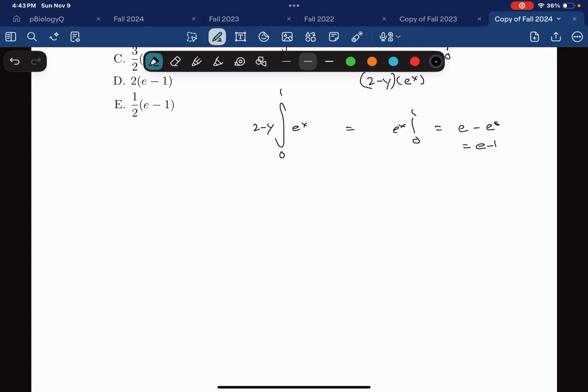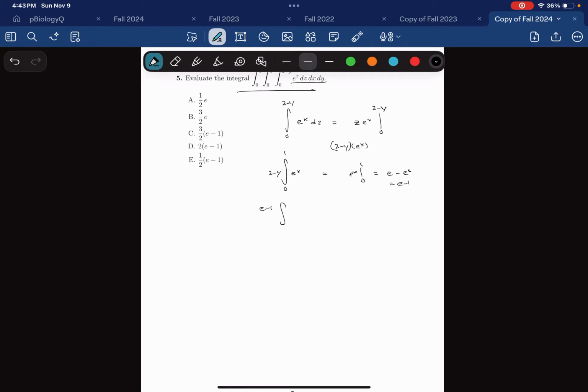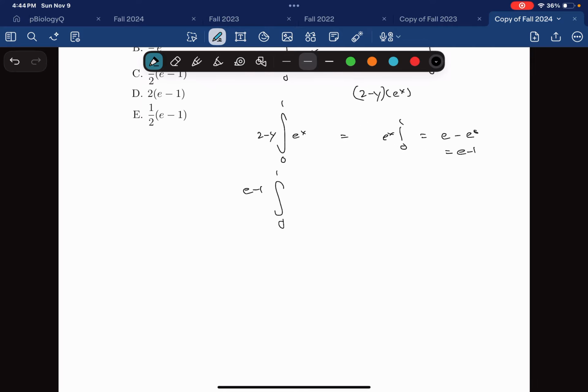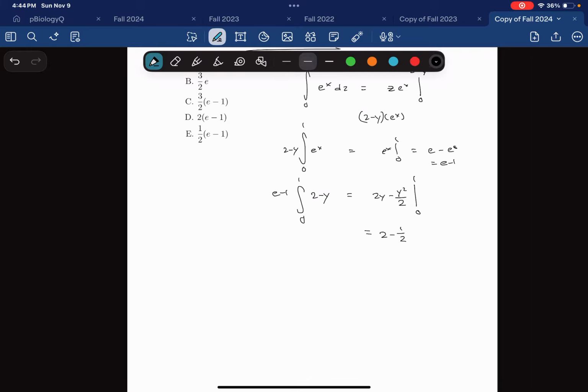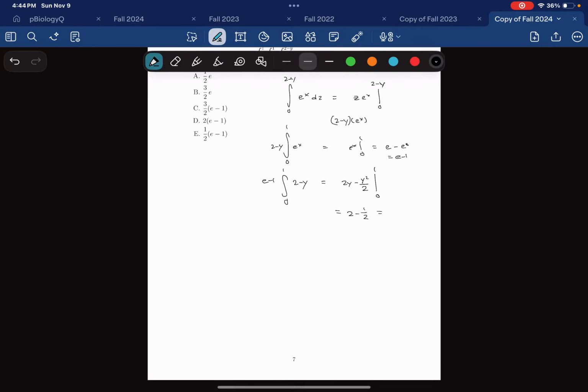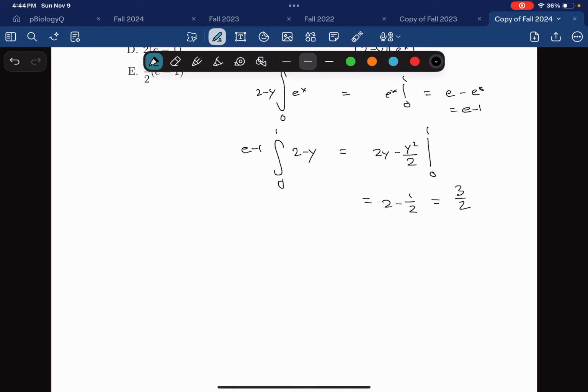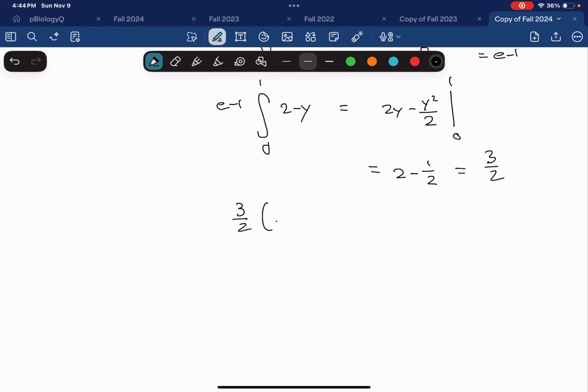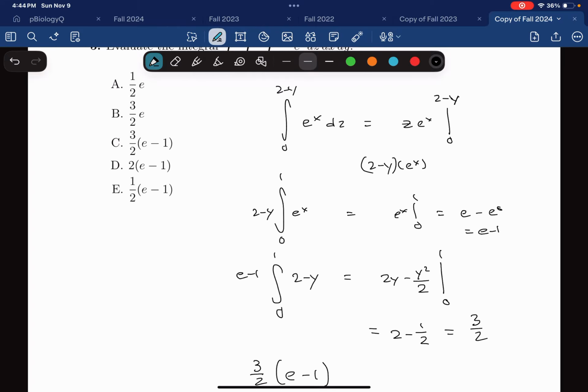So if you wanted to, you can now take the e out, and then do 0 to 1, 2 minus y, which is equal to 2y minus y squared over 2, 0 to 1, is equal to 2 minus 1/2, which is just equal to, I'm being dumb, 3 over 2. So once you get that, 3 over 2 times e minus 1, that's your answer, C.